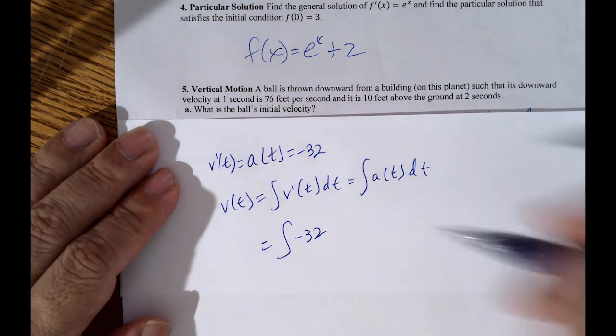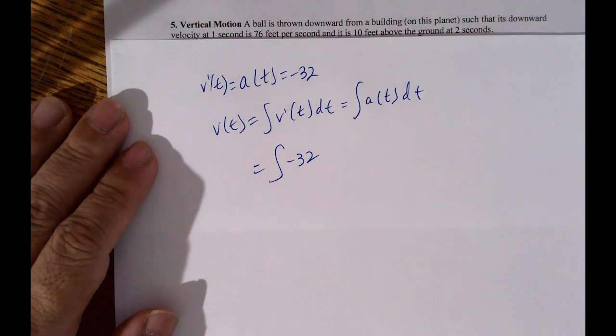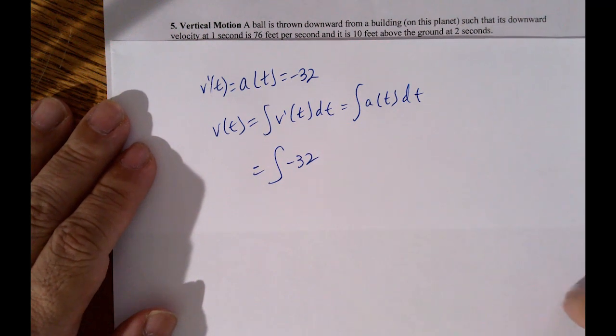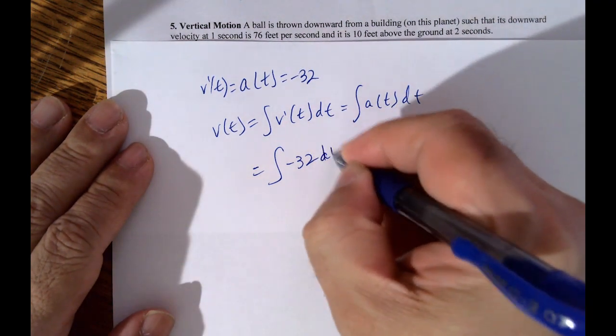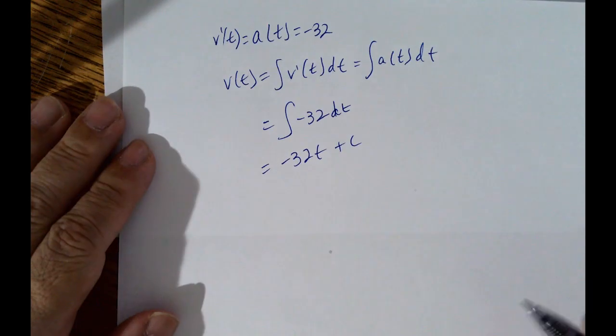You might be wondering, why is it negative and not positive? Because it's pulling towards the ground. So we say it's negative because the distance between the object that's floating in the air somewhere and the ground is decreasing as it goes towards the ground. That's why it's negative. So this is going to be negative 32t plus a constant. All right, so that's going to be our v of t.